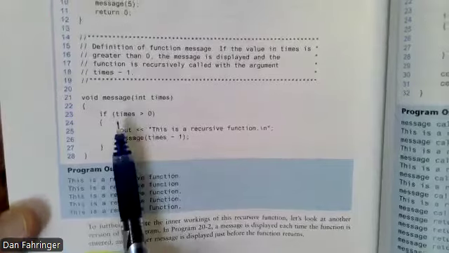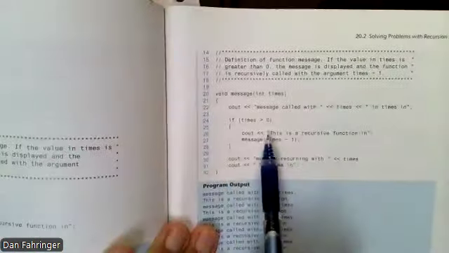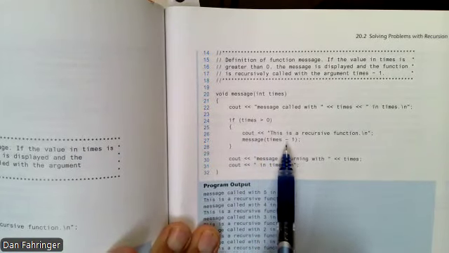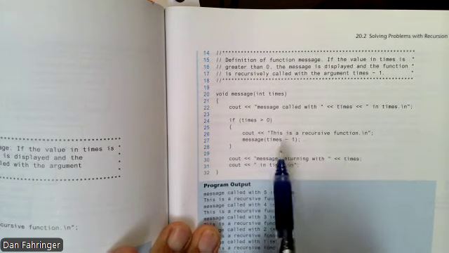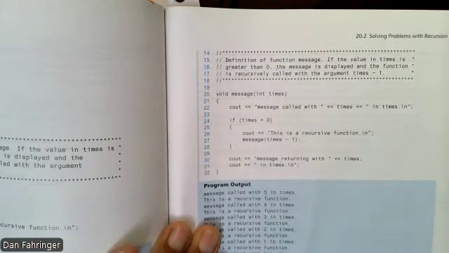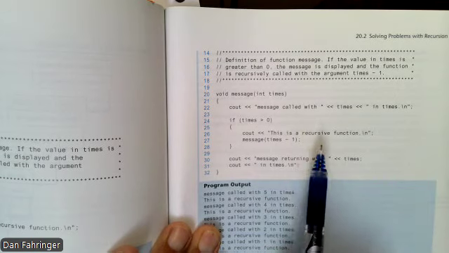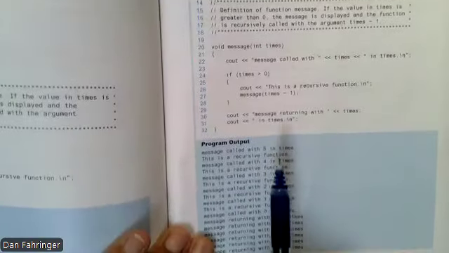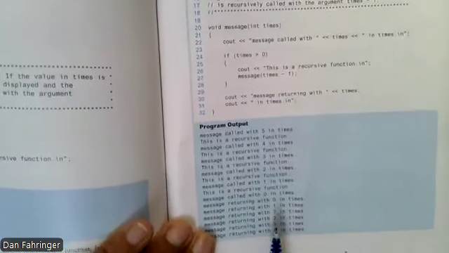a function called message. Inside of message, you see if times is greater than 0, I call message again and again and again. And just like we kind of did, once it gets to a terminal spot, it comes back. But in this case, it just goes 5, 4, 3, 2, 1, 0.